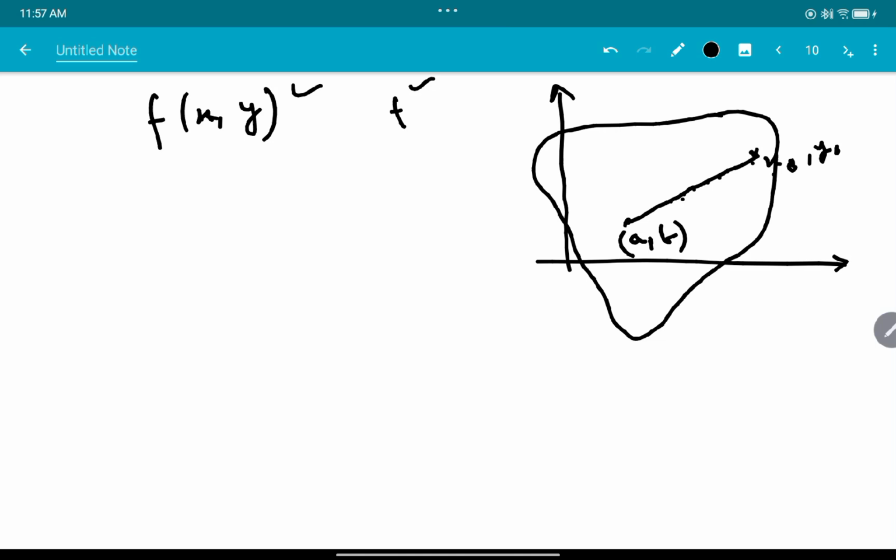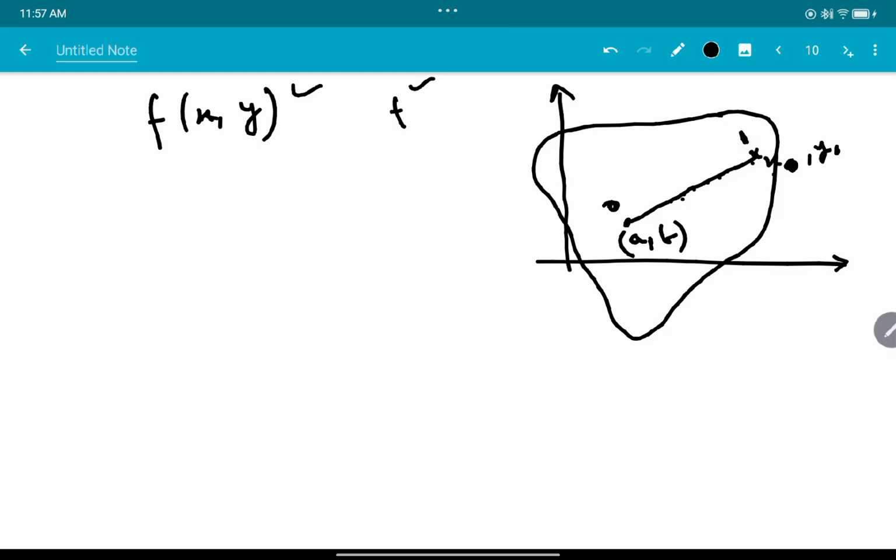Let me take this variable t as the line segment length, but in such a way that the total length of this segment is 1. This is called normalization. If it starts here with 0 length, as you go on, its length goes on increasing. The maximum length that it achieves at this other fixed point, I define as 1.